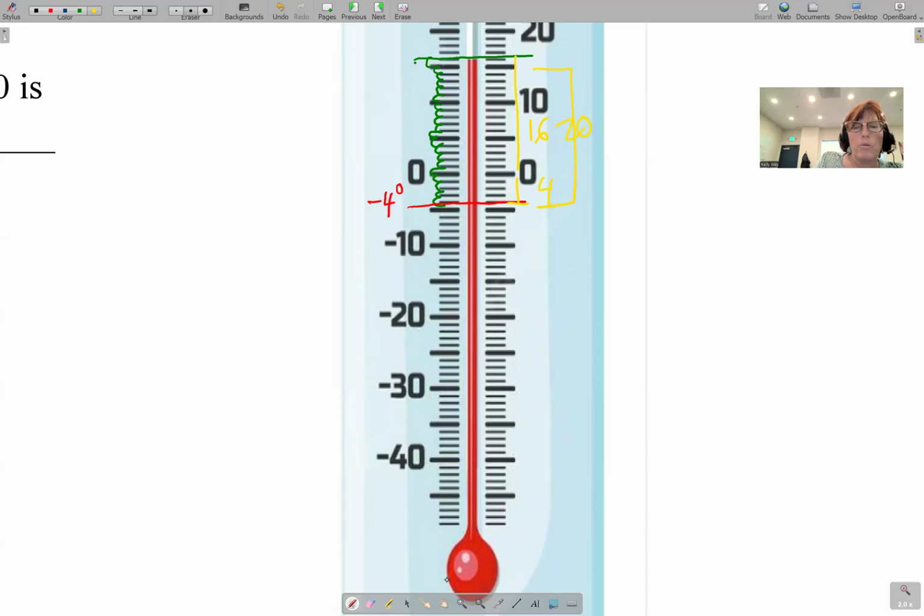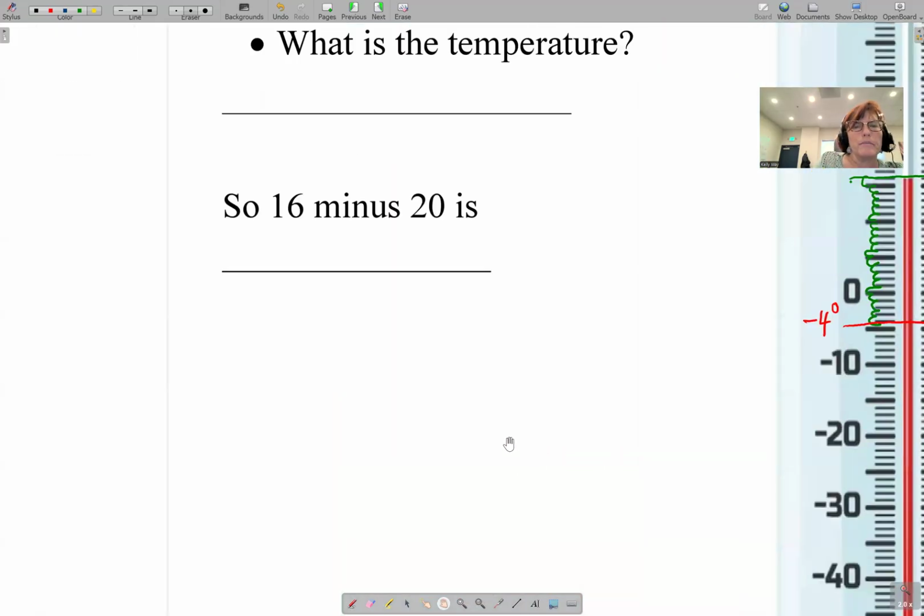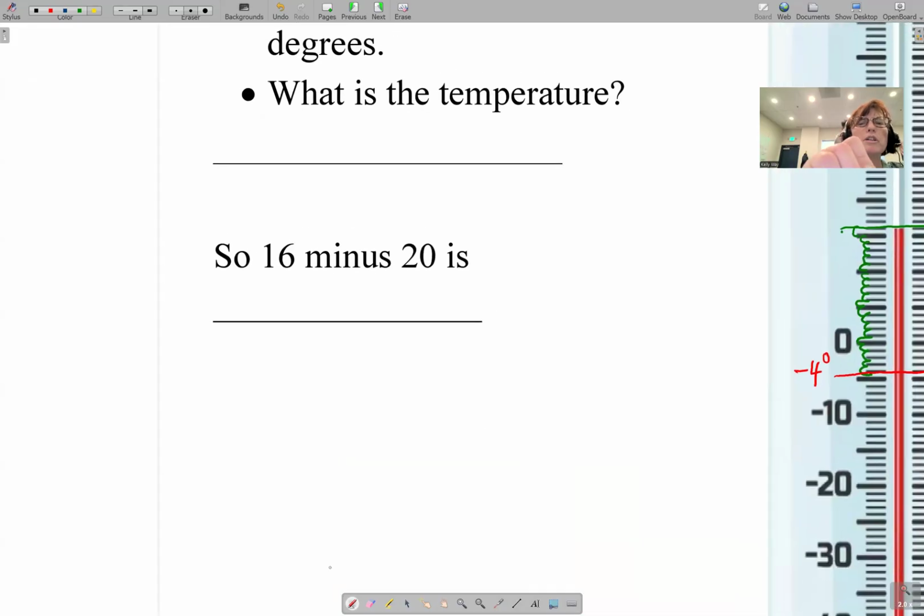So we know that we write it like this. Temperature is negative 4 degrees. 16 minus 20 is negative 4.